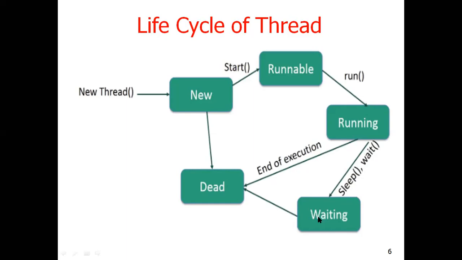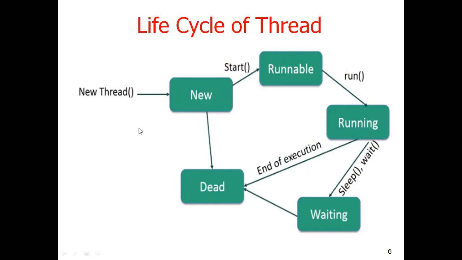And once it gets a result back from the other thread, it may call a run method, and again it is in the running state. And once it completes its execution, it is in the terminated or the dead state. So this is the part of our life cycle.